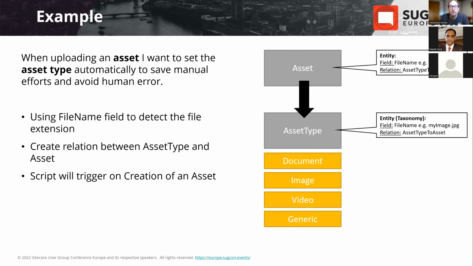I created document, image, video, and generic. Generic is just for everything that's not one of the other three. So whenever I upload an asset or a file and it has a file ending like JPEG, then the asset type image is assigned to it. Nobody has to do that manually, right? A very, very simple use case, but I think it showcases what you could do, and then you can take it from there.